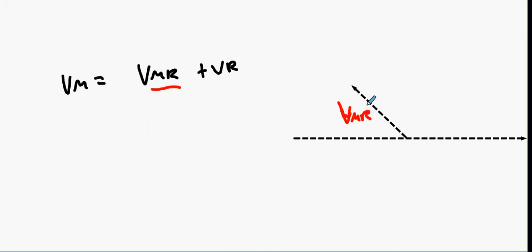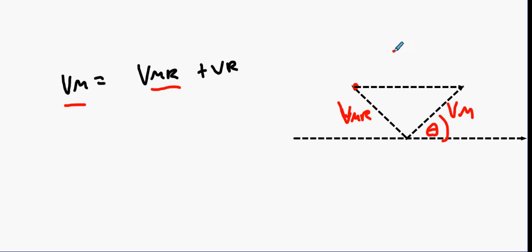Okay, where do you actually end up going? Downstream, what angle? Theta, yeah? So that's Vm. Vm equals VMR plus VR. So if you attach VR to VMR like that, you've successfully completed a vector triangle.